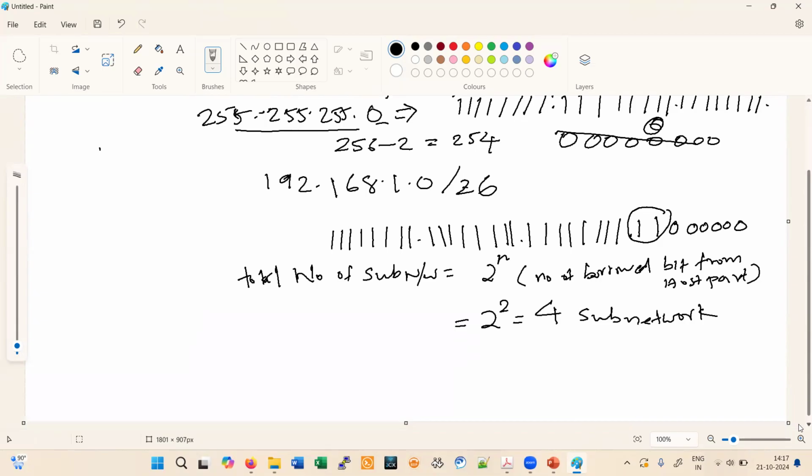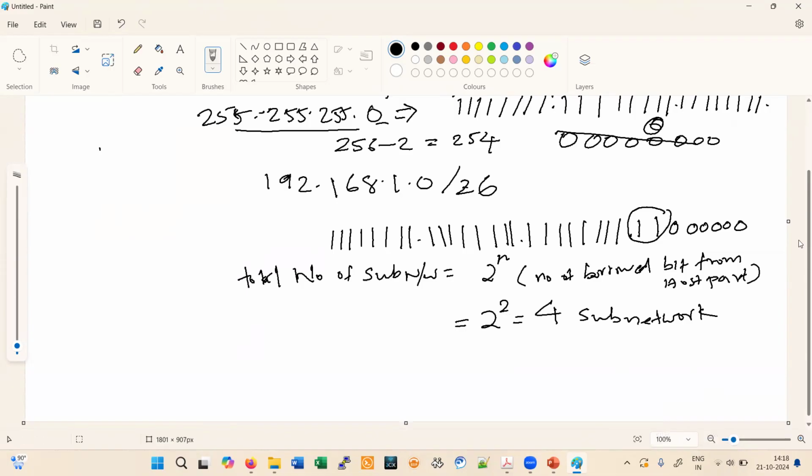For /24, we get only one network with 254 valid IPs. I mentioned this in the first portion of this video and also in the last class. Anyway, now we divided that one network into 4 networks by using this /26. So we have 4 subnetworks here.